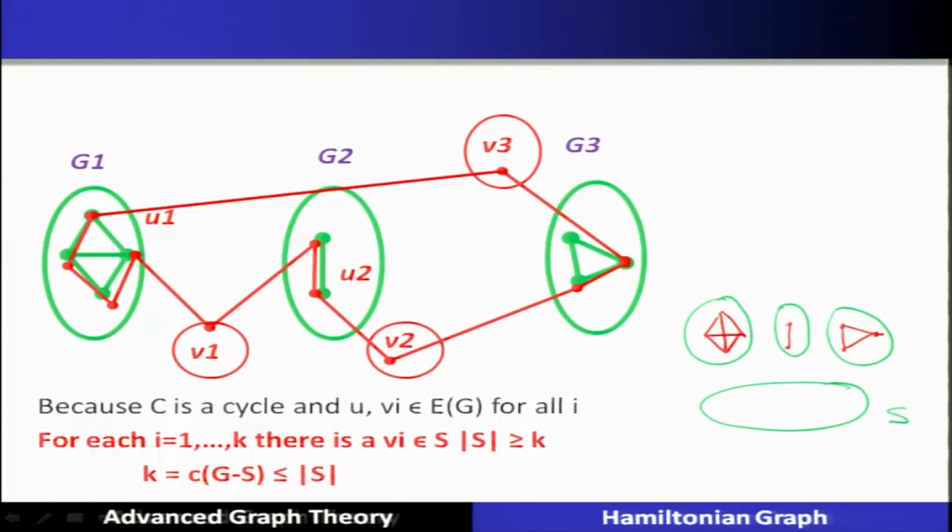So, let us start from this particular vertex and construct a Hamiltonian cycle.